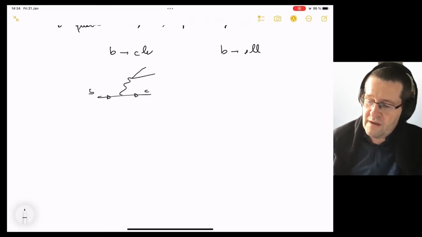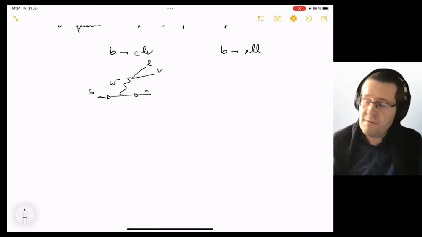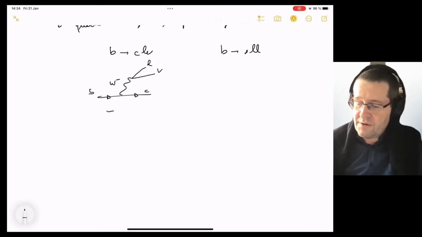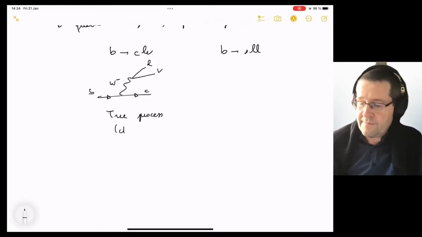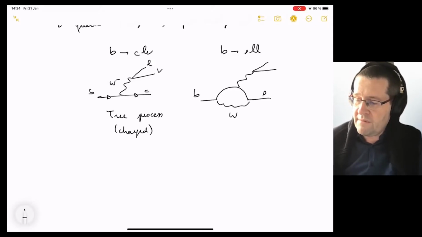And so in the standard model, one of those two processes, B to C l nu, as we know already, is something which is mediated by the W directly. So it's a tree process, charged. Whereas when we're looking at B to S l l, then we're clearly looking at a flavor changing neutral current.